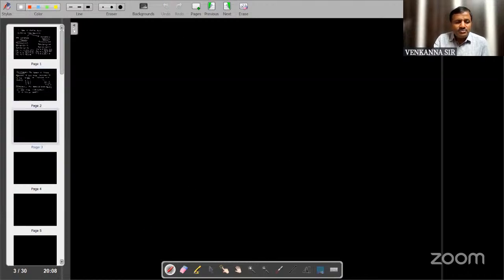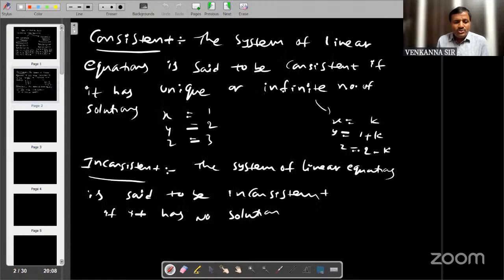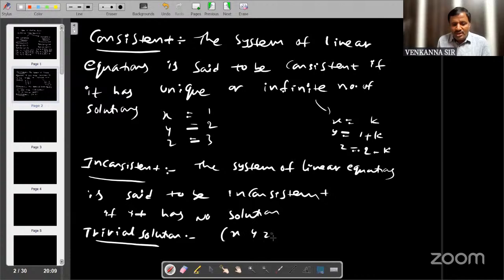Then coming to here, one more definition we should know: trivial solution. What is a trivial solution? XYZ equal to 0, 0, 0 is called the trivial solution.